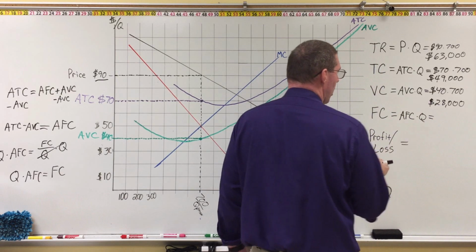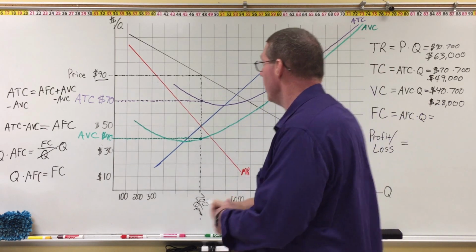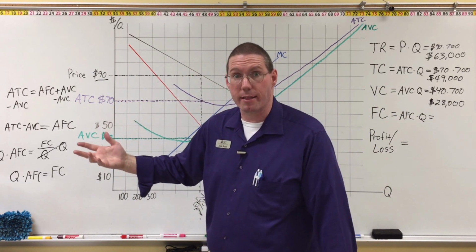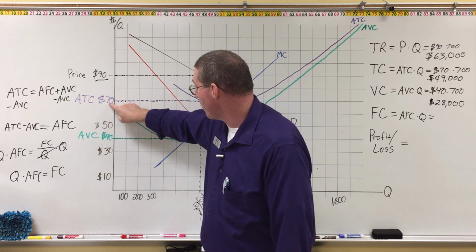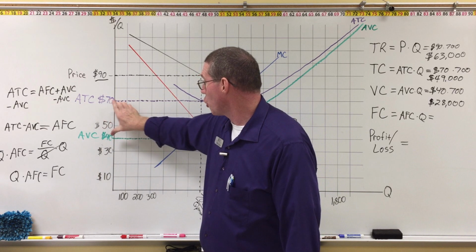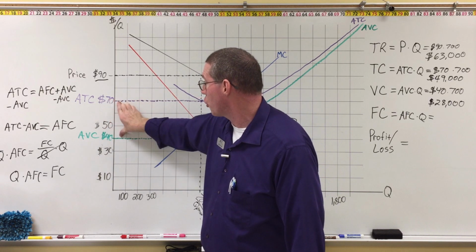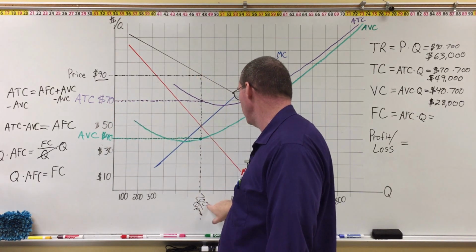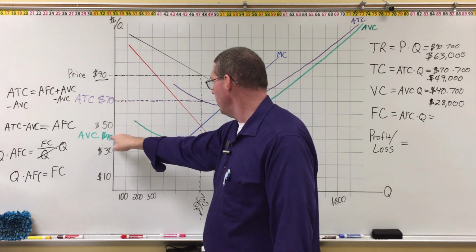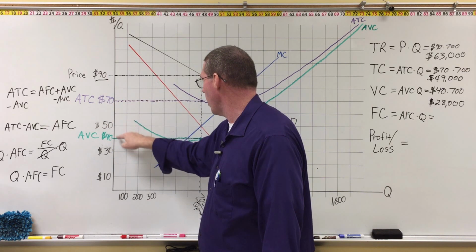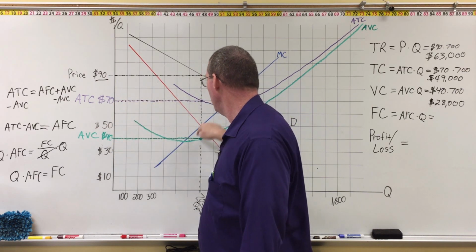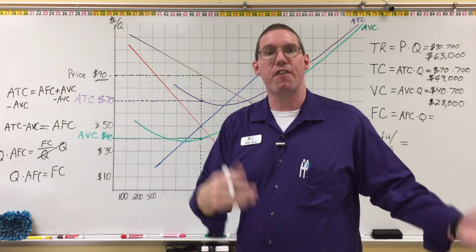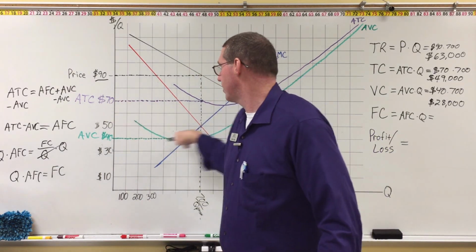Well, quantity is 700. Average fixed cost is the distance between average total cost and average variable cost. We've been saying that a few times now in this lesson. 70 minus 40, that's 30. So average fixed cost is 30. That's the height of the rectangle, times the base of the rectangle is 700. So height times base, this rectangle right in here, the rectangle that spans from average variable cost up to average total cost, that is the fixed cost rectangle.